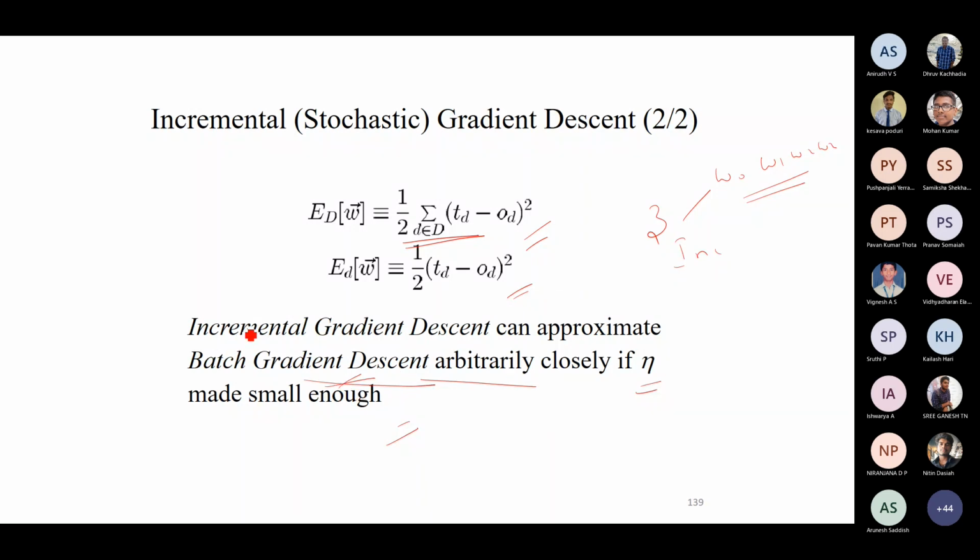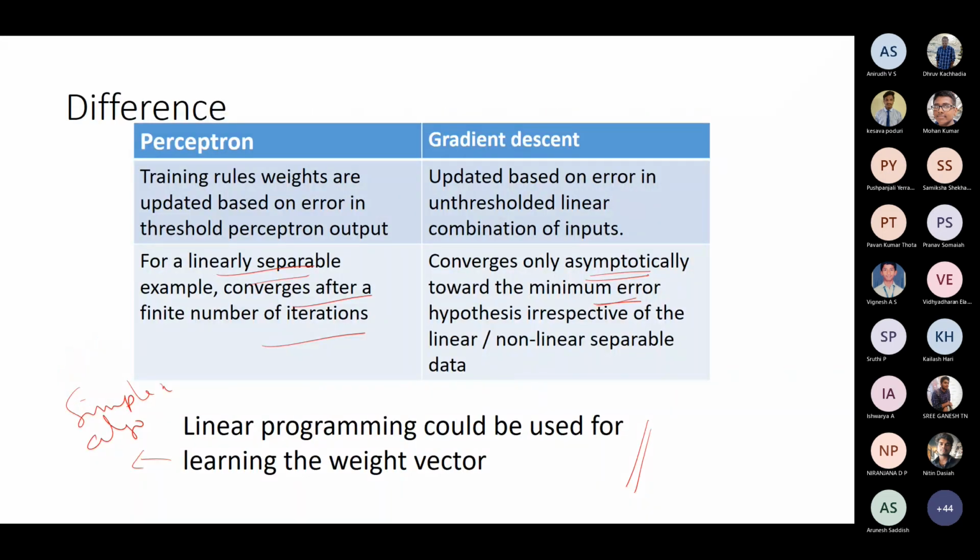Incremental means for each record you modify the weight vector and apply it for the second record, whereas batch mode computes the error over all records, modifies the weight vector, and applies it for the next iteration.